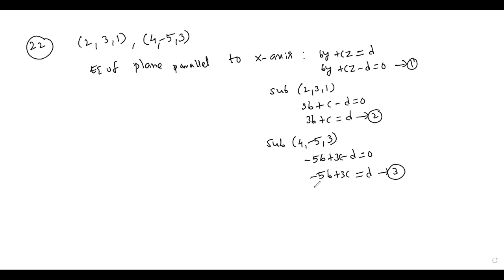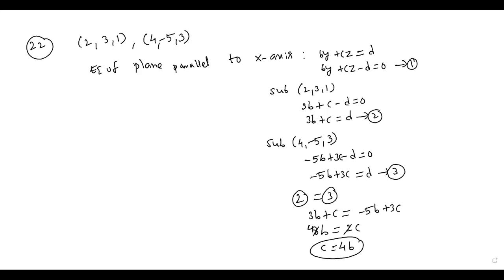Ratio-wise we can easily take the terms. Now equating 2 and 3: 3b plus c equal to -5b plus 3c. Send b this side: 8b is equal to 2c. 2 ones are 2, 4s are 8. C is equal to 4b.